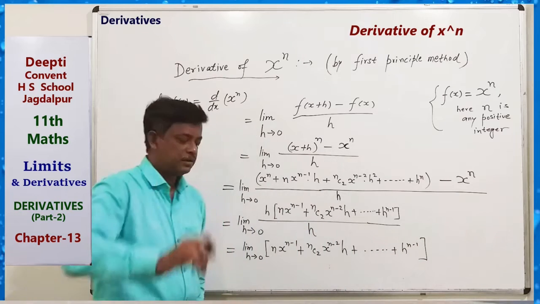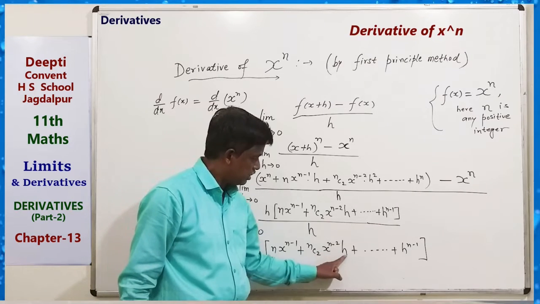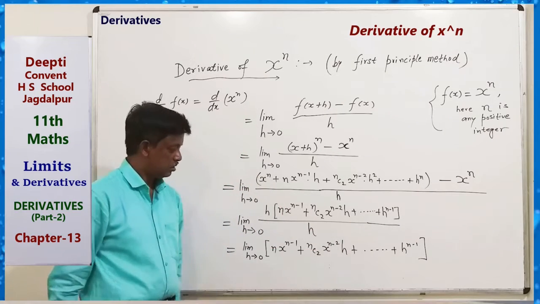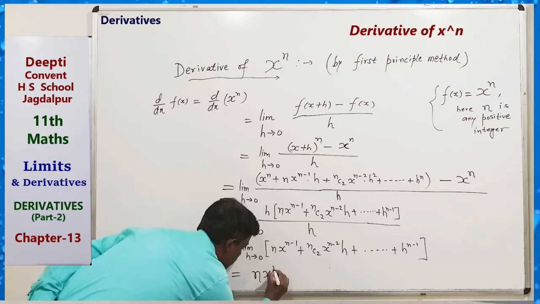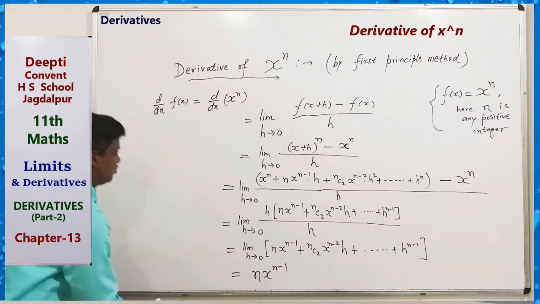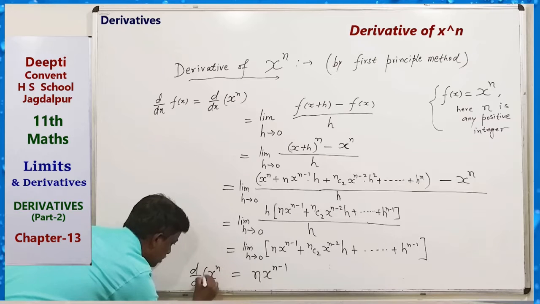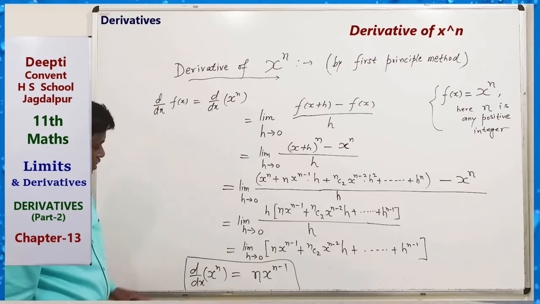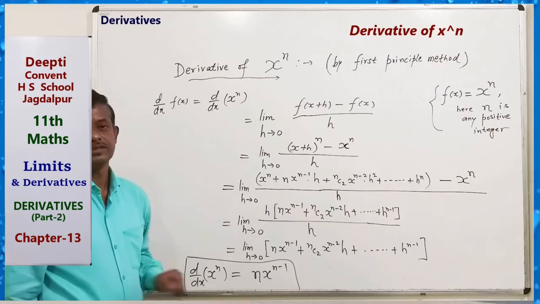Here we see that except this term, each term will contain h, and if we put h equals 0, we get only n x to the power n minus 1, and the remaining terms are 0. So this is the value. So dy/dx of x to the power n equals this. This is a very, very important formula.